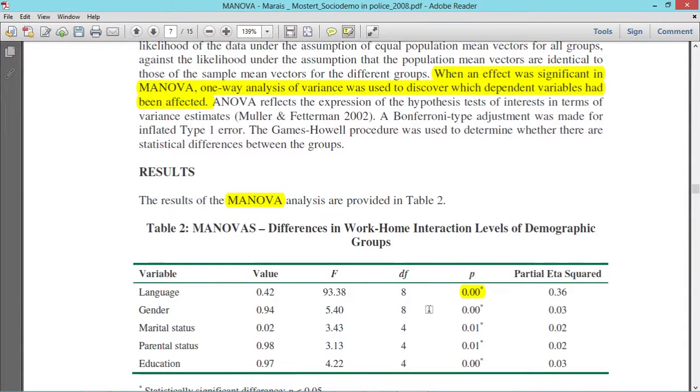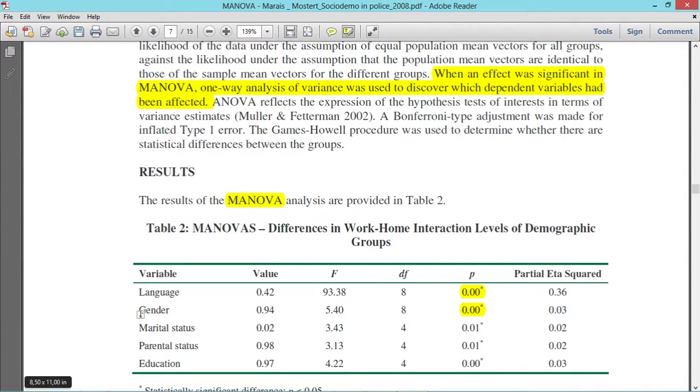Okay, so we saw that gender is also marked by a statistically significant p-value, which means that statistically significant differences exist among the subgroups of gender in terms of the levels of work-home interaction that they experience.